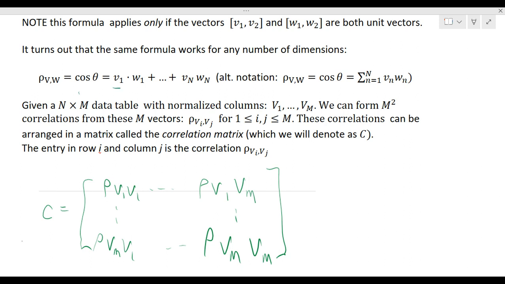If you look here, each one of these correlations involves n terms. Now, if you remember when we multiplied matrices, the number of terms was equal to the number of intermediate steps. The matrix also has m rows and m columns.